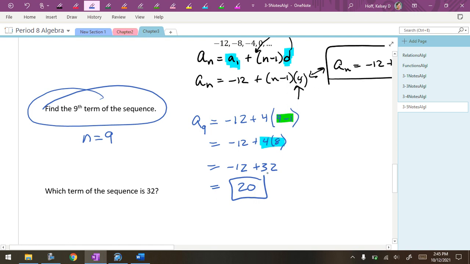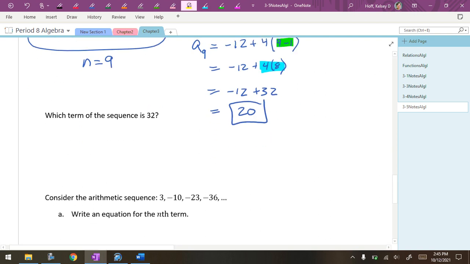Now, sticking with that same sequence, they want to know which term is 32. In other words, which place in order, when you wrote that out, does number 32 occur? They want to know where that number is. In this case, we are trying to find n.